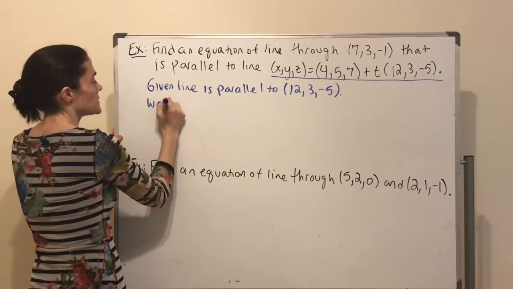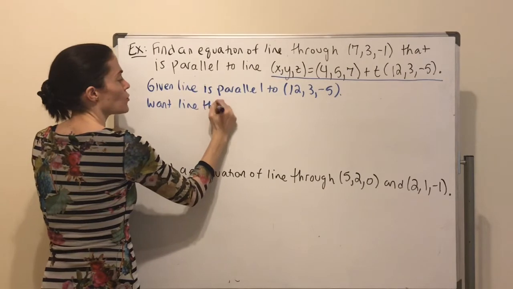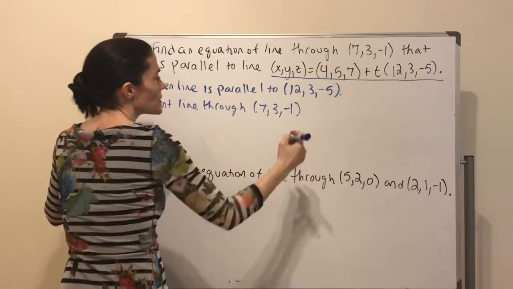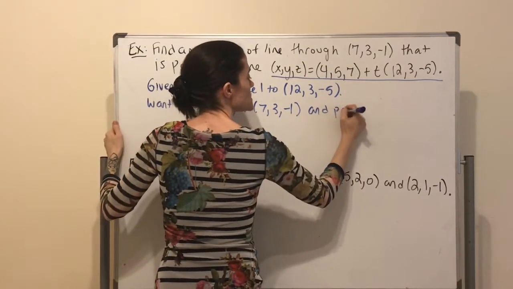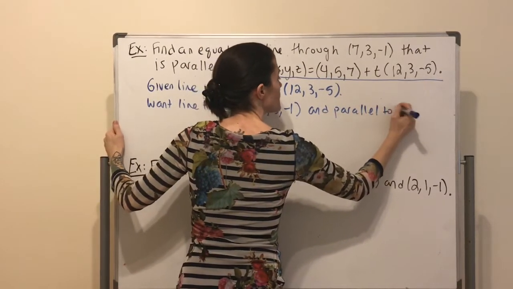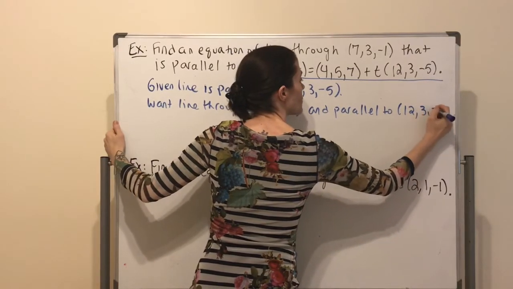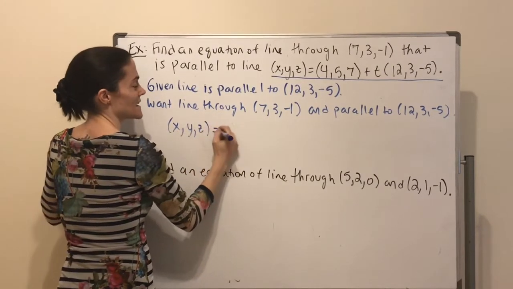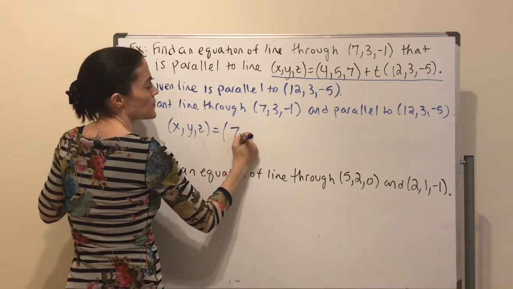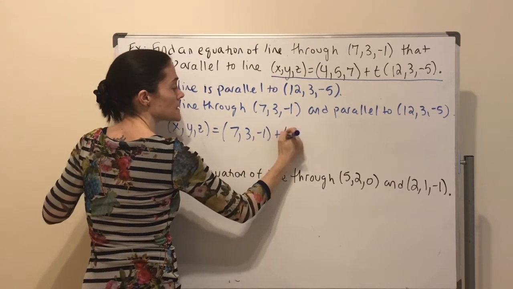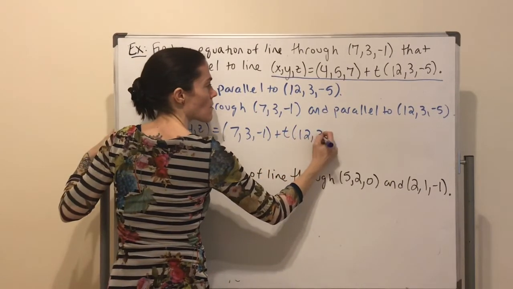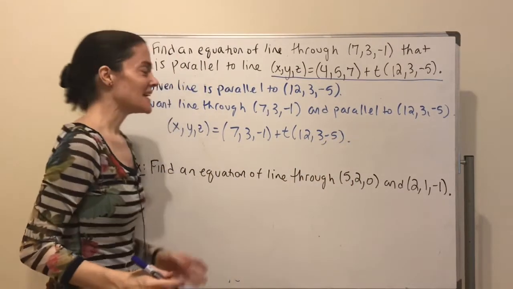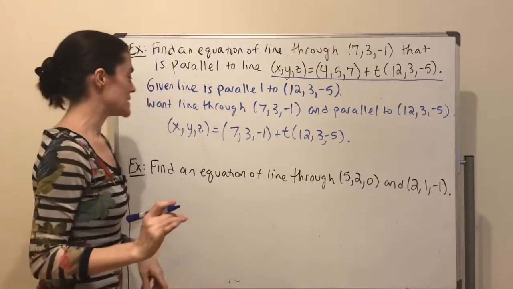We want the line through this point and parallel to this same vector. And we have this in vector form: we want this point and then plus t times this vector. Just like this, okay? Just slightly different than the first example.